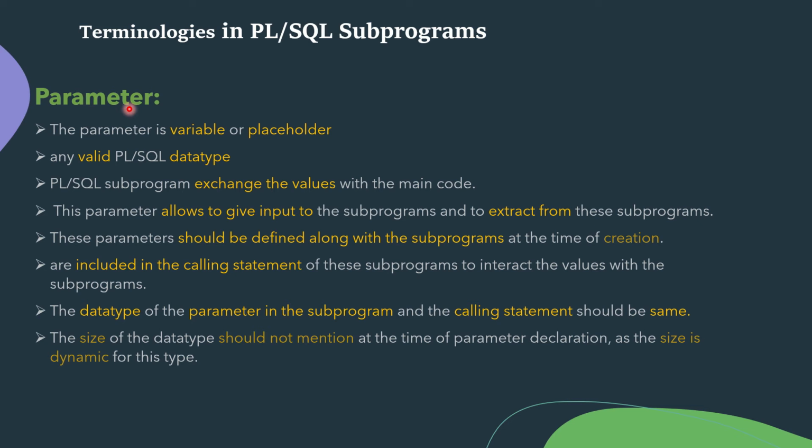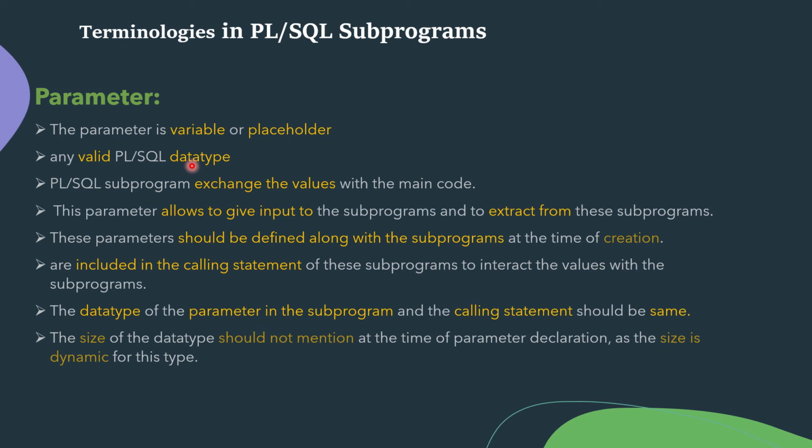What is a parameter? We already know the parameter in the case of high level languages. A parameter is normally a value, or a placeholder. It is a variable. If we are using parameters in a function or a procedure, it can be of any valid type, as we know a variable can be any valid type.